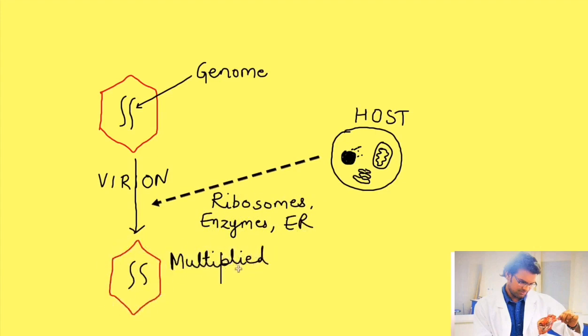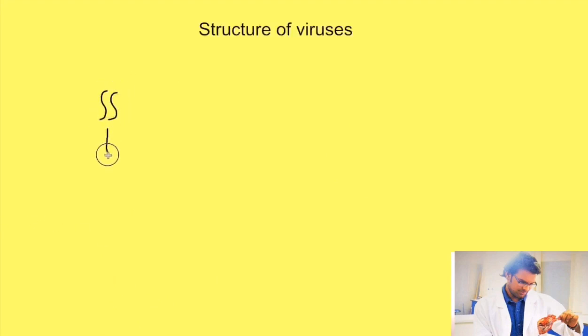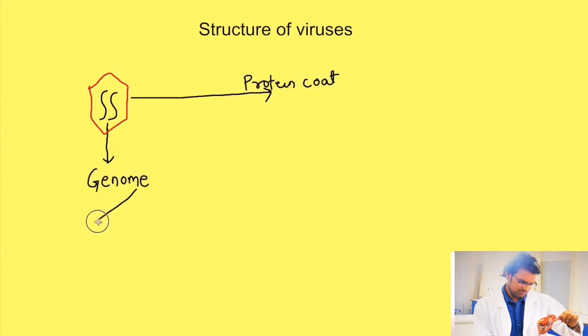First we will discuss the structure of viruses in general, and then we will see the aspects particular to coronavirus. All viruses have a genome which is surrounded by a protein coat known as the capsid. The genome may be either DNA or RNA, but never both.